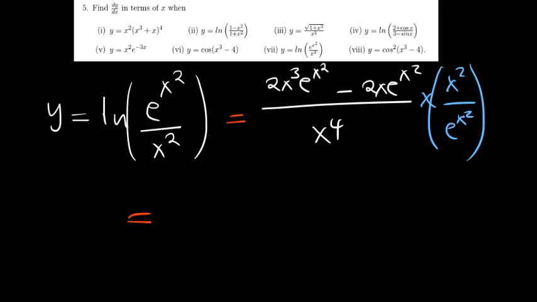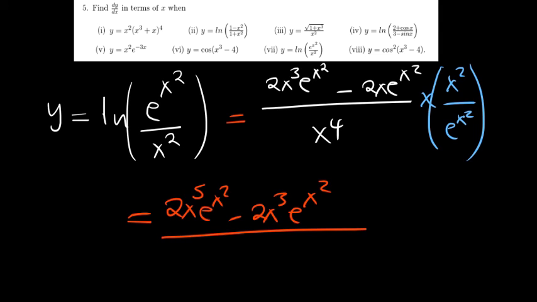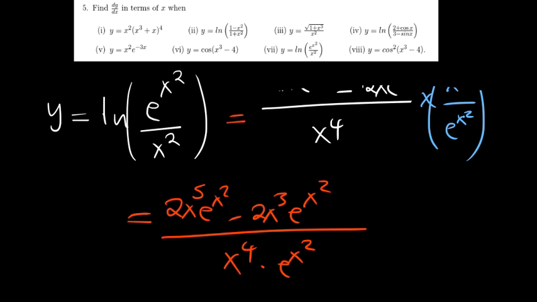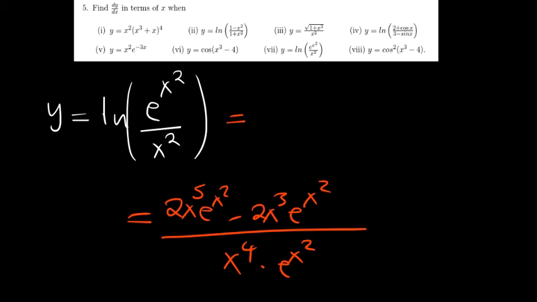So x squared times whatever is on top, we're going to have 2x to the power 5 now, that will be x to the power 3, and then over x to the power 4 will be attached by e to the x squared. So you notice that e to the x squared is now common everywhere, right? It's attached at every point. So you can actually factorize it on top.